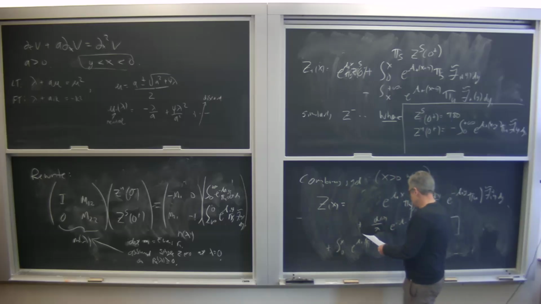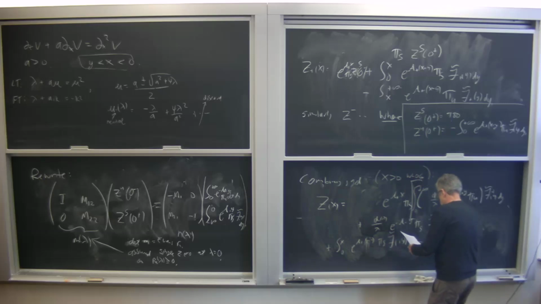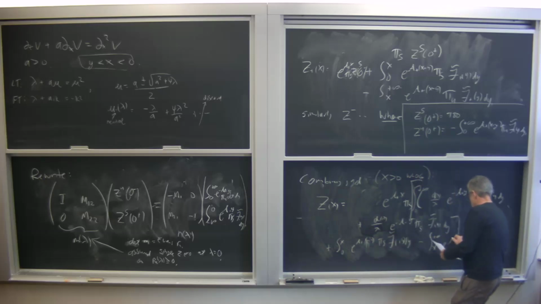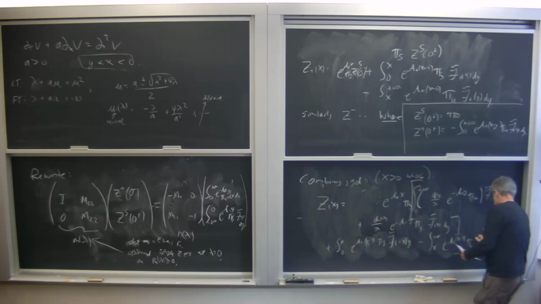That was just the first term. And then minus the integral from x to plus infinity of e to the a plus (x minus y) pi unstable of f tilde plus of y dy.